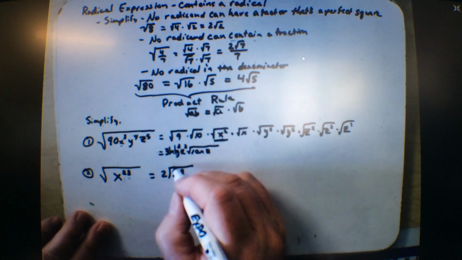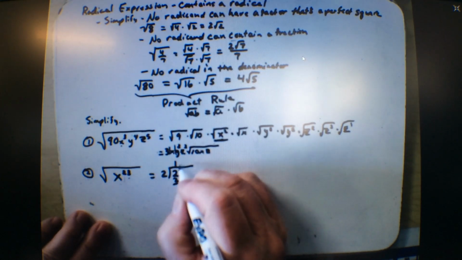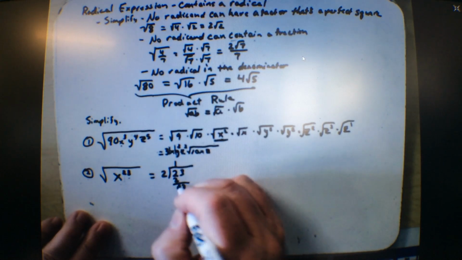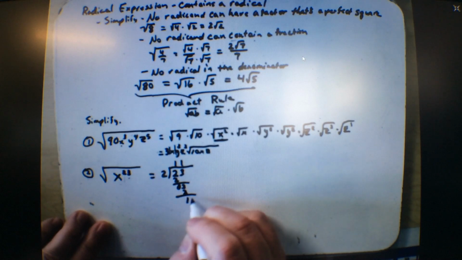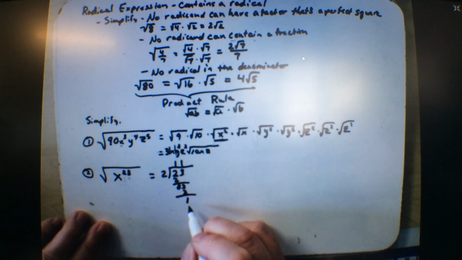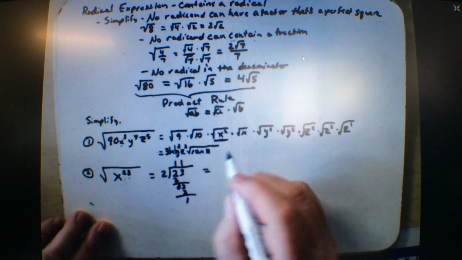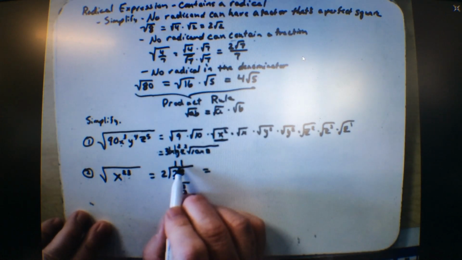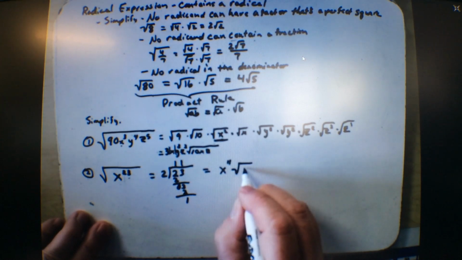All right? 2 goes into 23 eleven times, with a remainder of 1, correct? This means that 11 x's come out and 1 stays in.